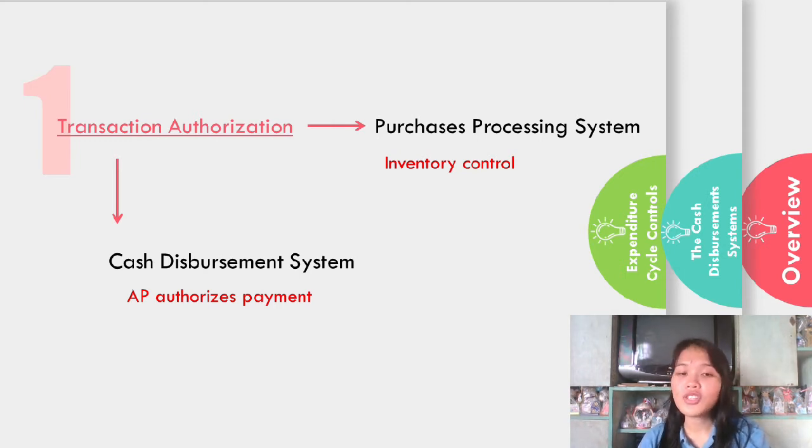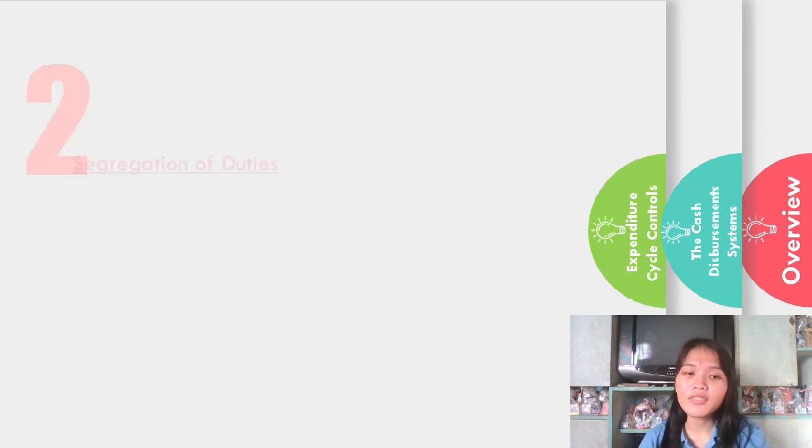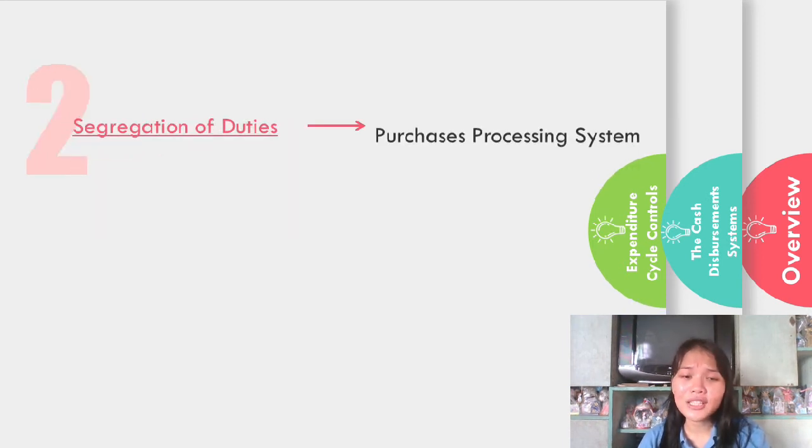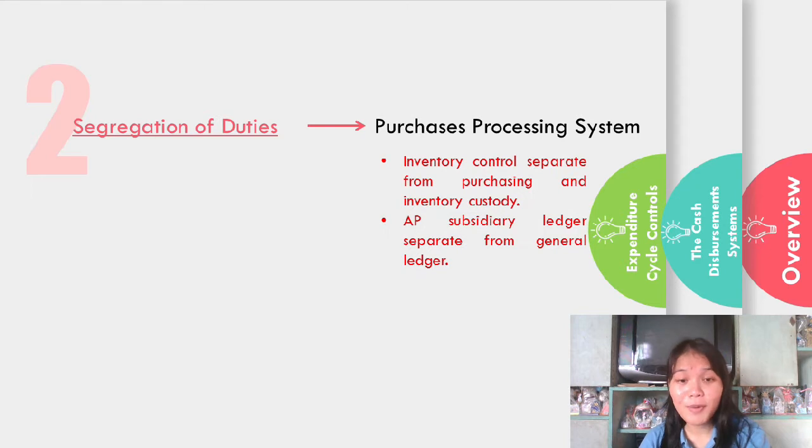Now let's go to segregation of duties. Applying such control activity to the purchases processing system, it is best to segregate inventory control from the warehouse, or from purchasing and inventory custody.